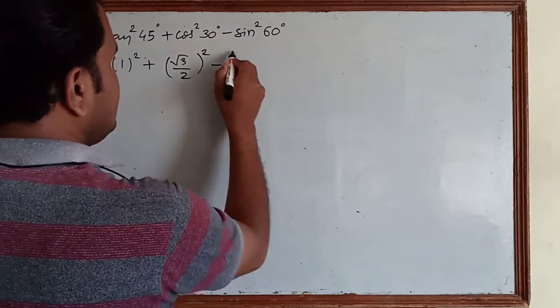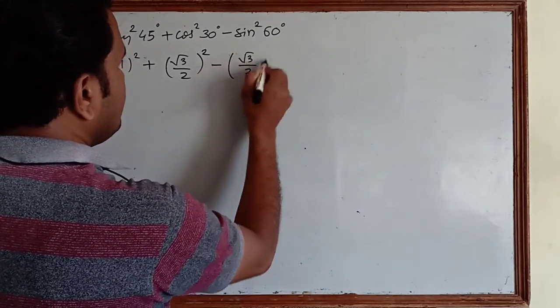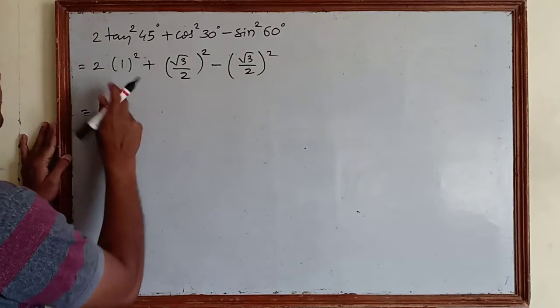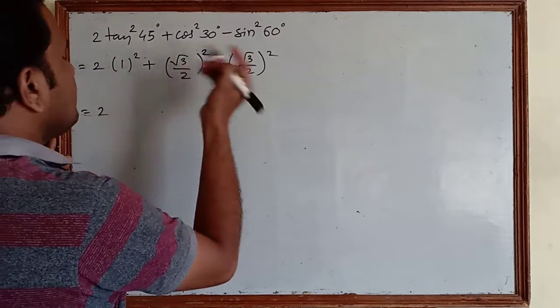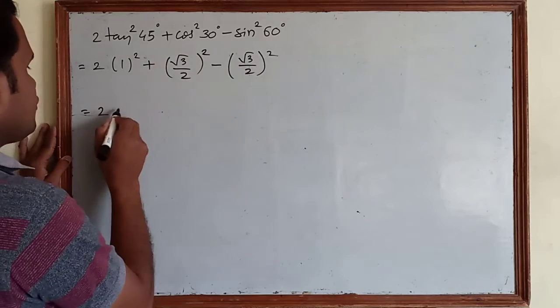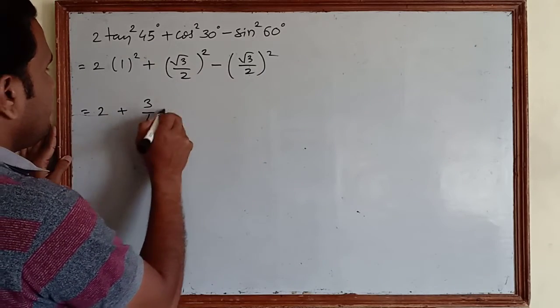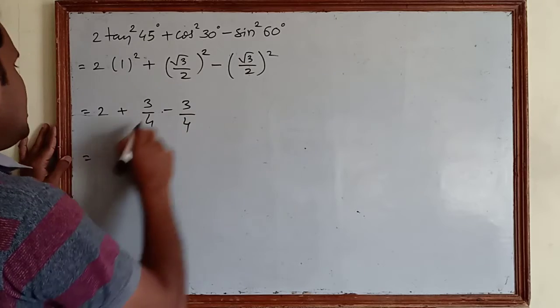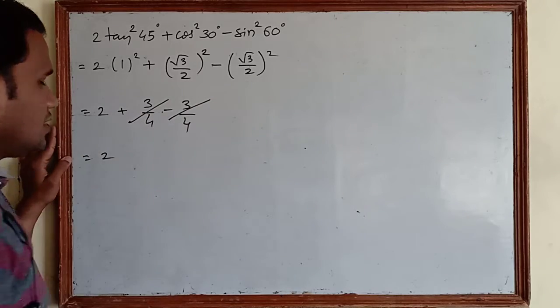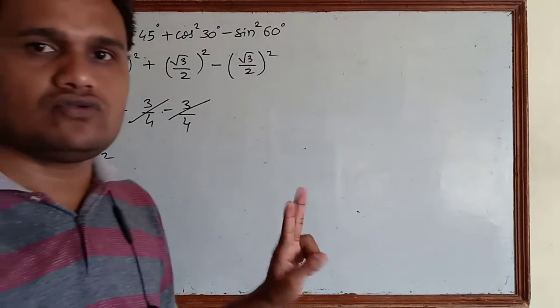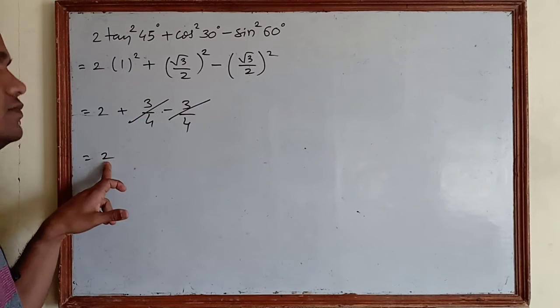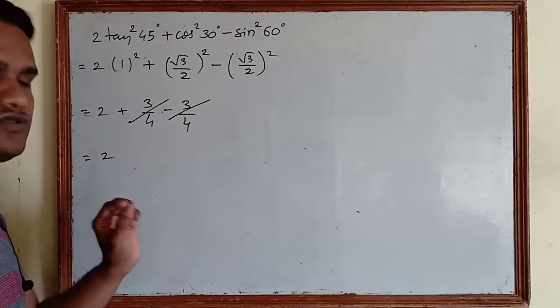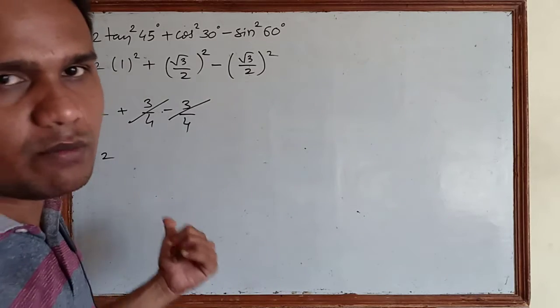Sin square 60, root 3 by 2 whole bracket square. 1 square is 1. 1 into 2 is 2 plus root 3 by 2. No need to solve it, but if you solve them it will be 3 by 4 minus 3 by 4. They'll get cancelled and your answer is only 2. So in this way you got the solution 2. Okay, this is the solution. This is a short solution of question number 2.